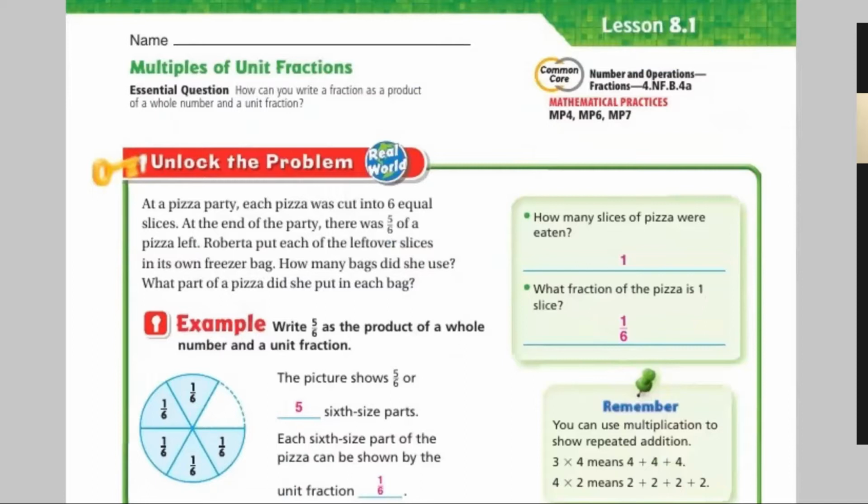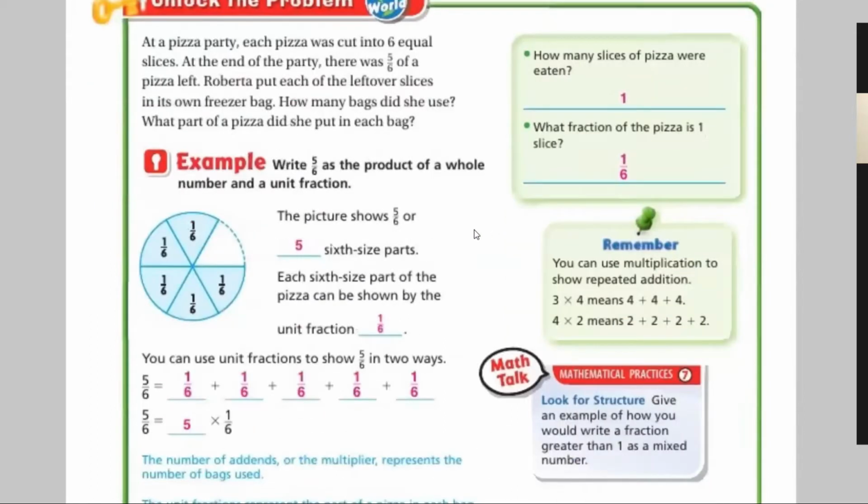As I said before, today's lesson is about multiples of unit fractions. What is the meaning of multiples? If we have this story problem and we want to write 5 over 6 as the product of a whole number and a unit fraction, how can we write it?